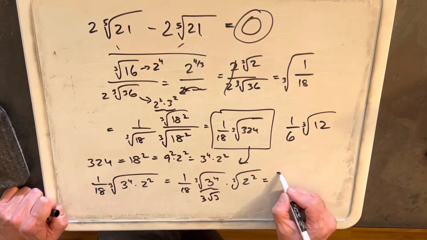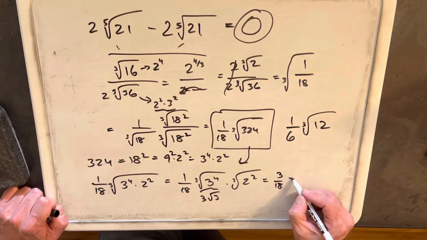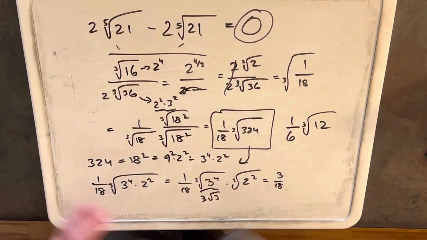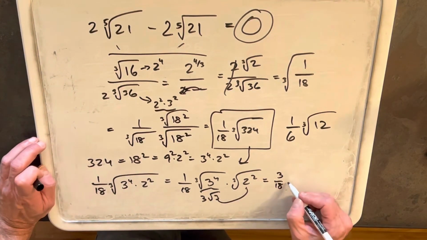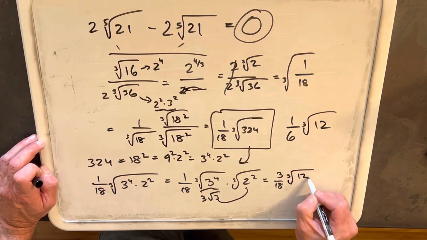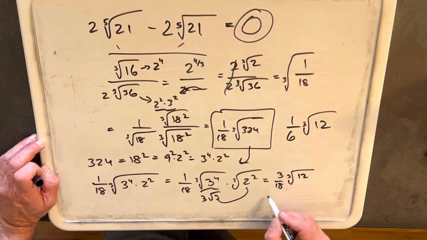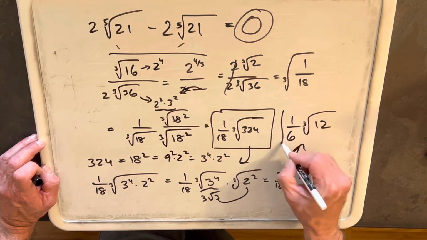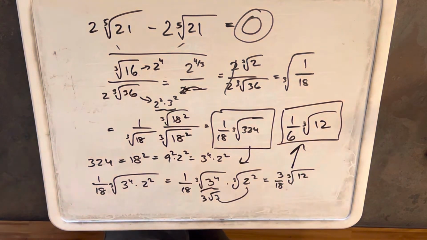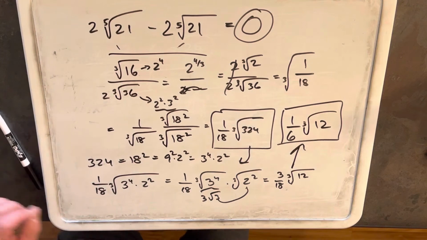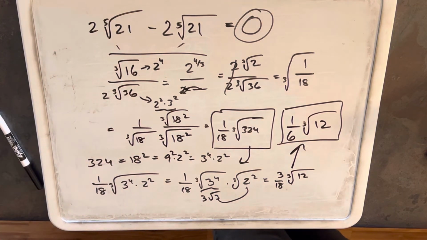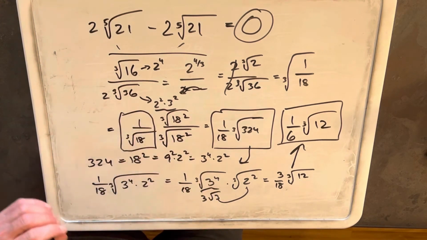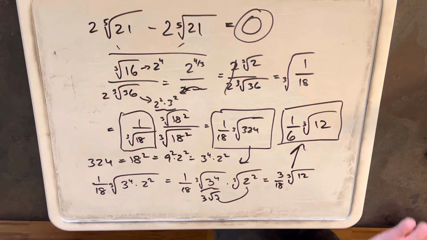Okay, so then we end up with 3/18, and then we have this 3 and this 4, so we end up with cube root of 12. And then when we reduce this fraction, see, that's why these are a little bit trickier. It's a small point because this is the same value, but the simplification can kind of sneak up on you.